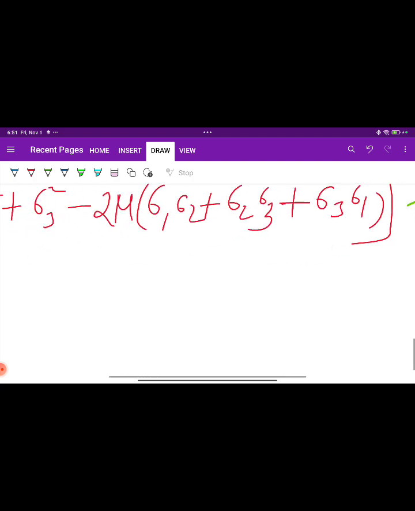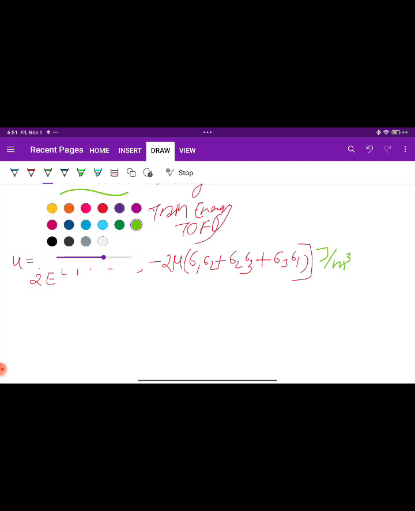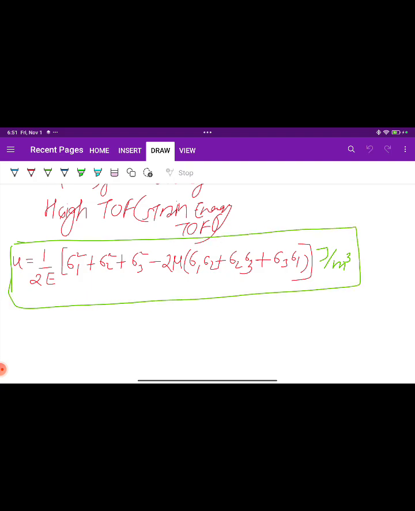This is the formula you need to remember in this case as well. This is the basic formula for the highest energy theory of failure, an important theory in the case of strain energy.